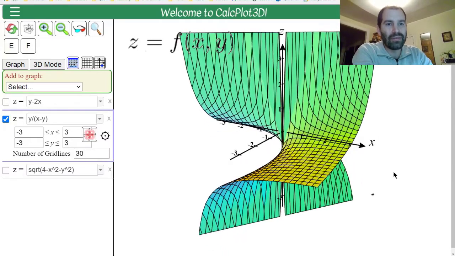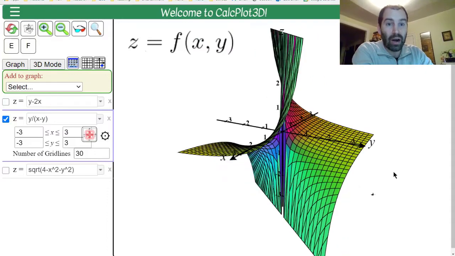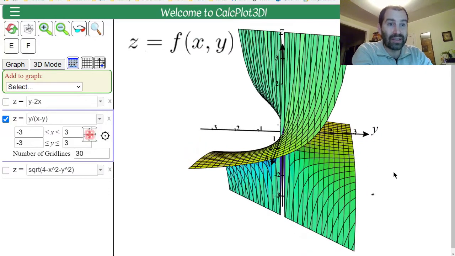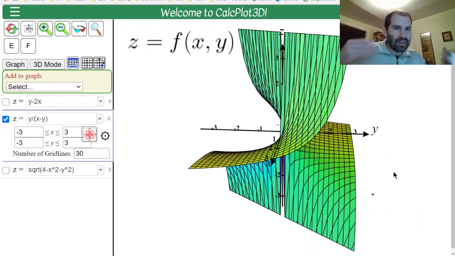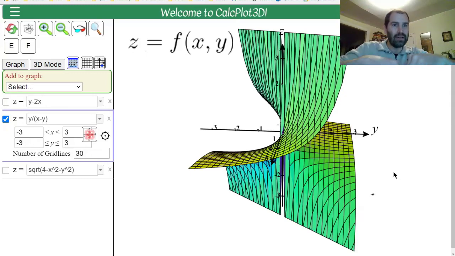The height of the graph, the values of the function, are going off to infinity as we approach that line y equals x, or negative infinity if we look down in the bottom, positive infinity up here. So we can see there's a limit problem: as we approach that line y equals x, the values of the function either shoot off to positive infinity or shoot down to negative infinity. And on that line, they're not defined.